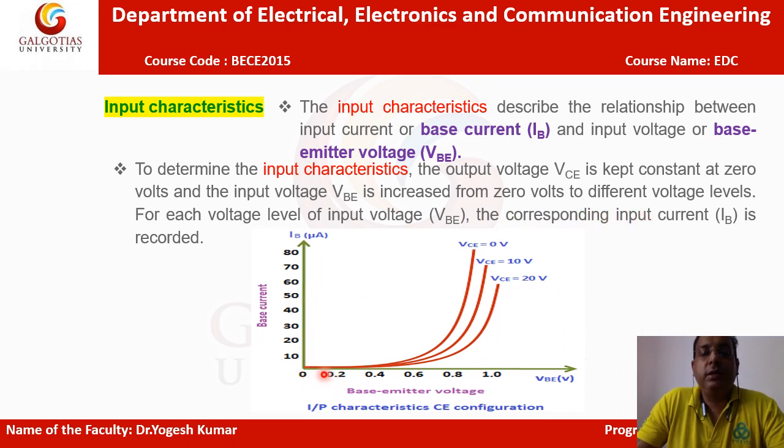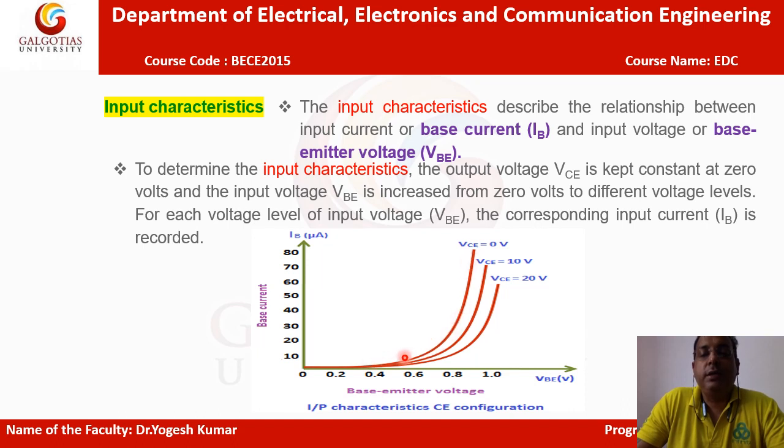Now here you can see the input voltage is increasing 0.2, 0.4, 0.6, 0.8 and 1, and according to that the base current IB is having values 10, 20, 30 up to 80. For VCE equal to 0, it gives the graph in this fashion.